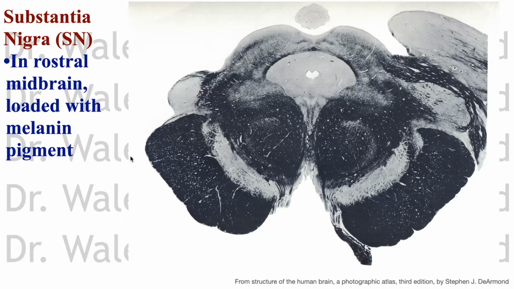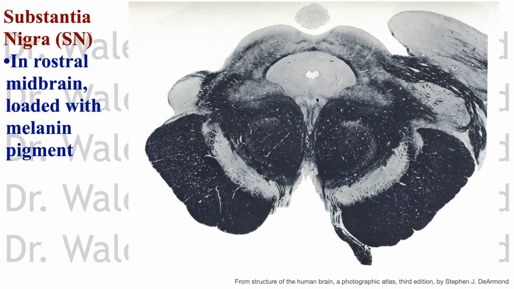The substantia nigra is showing here in this section of the midbrain. These are the cerebral peduncles. The white matter in this stain stains black, and the gray matter stains white. So this is gray matter. This is the substantia nigra, and behind it you will find the red nucleus apparent in this section.